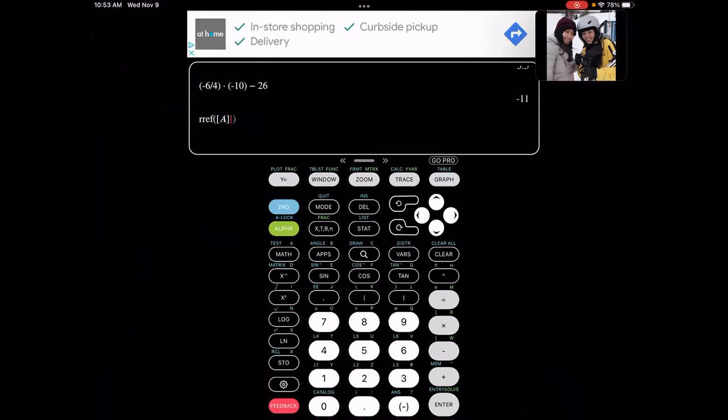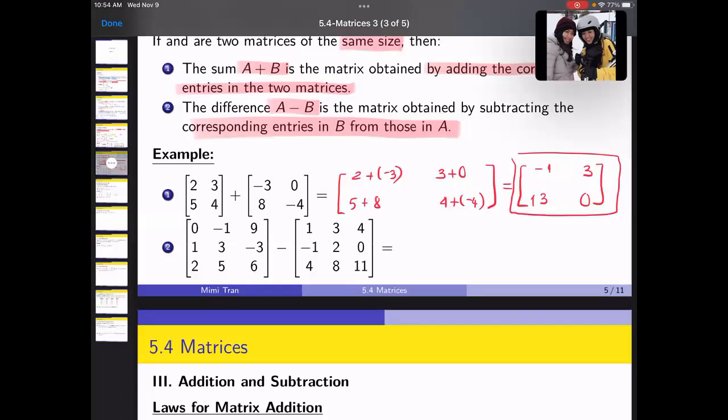Oh my god, it froze from 2 days ago. I'm sorry, it froze. Maybe next time. I'll show you next time. Okay, I gotta fix it. Maybe restart the iPad or something like that.